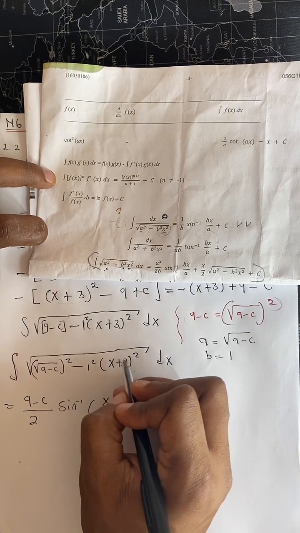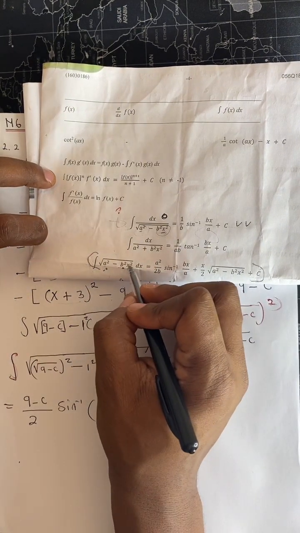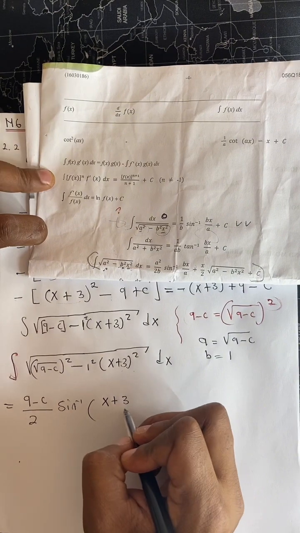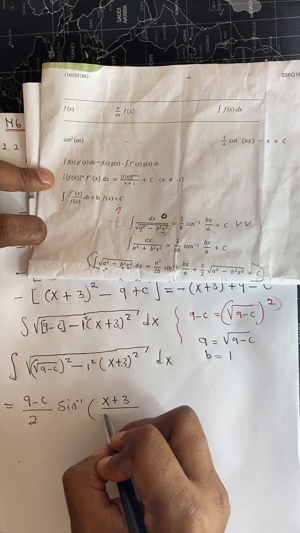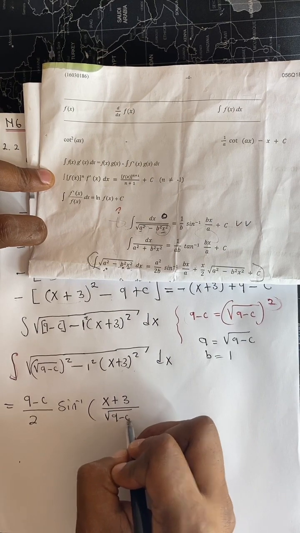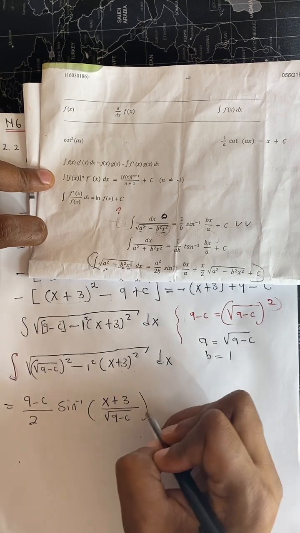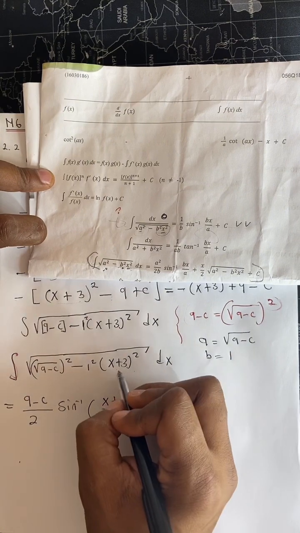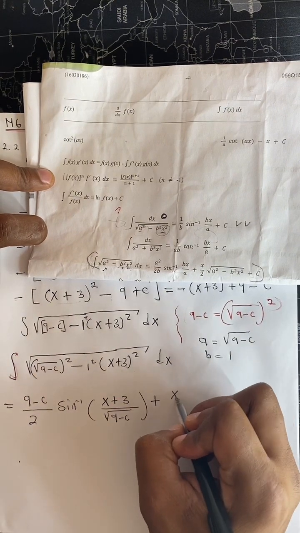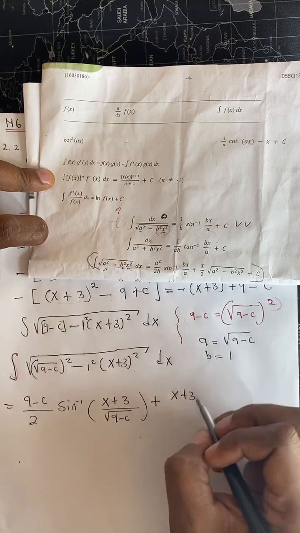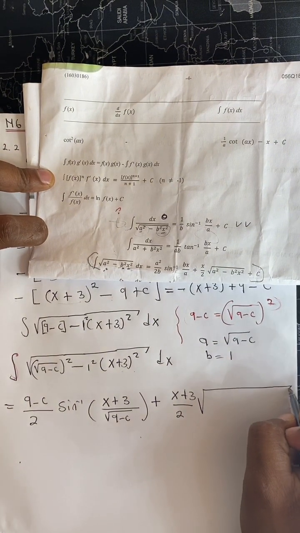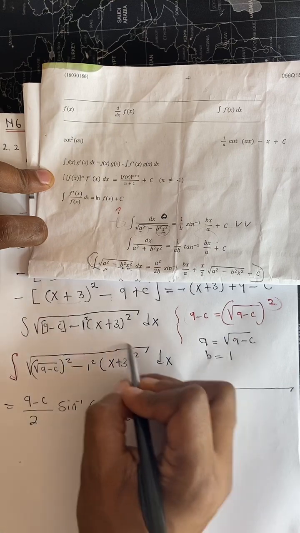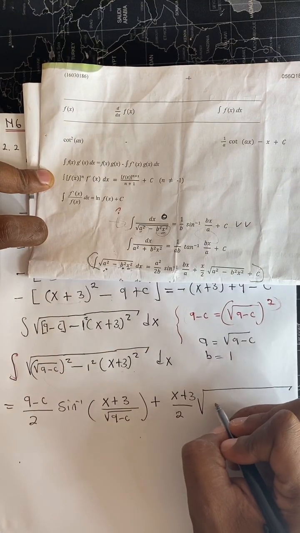So what's squared here is the x plus 3, but what's squared with them is the x. So we have the x plus 3 divided by the a, which is the square root of 9 minus c, plus x. So they have x, we have x plus 3 over 2, and from here we just copy this thing the way that it is.